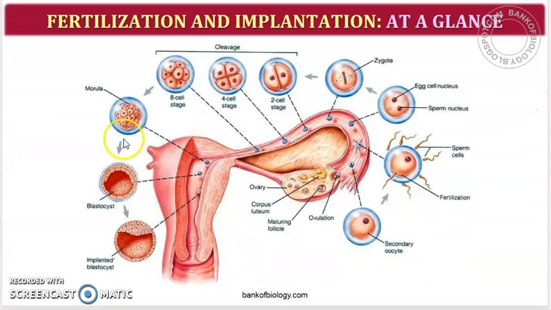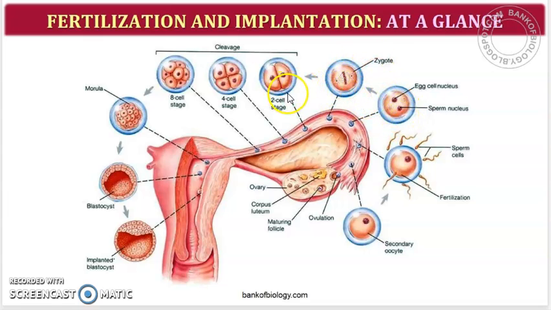Before we move on to that, let us just go through the picture which they have given. You can see the ovulation process has happened, the secondary oocyte is released, and it will carry out meiosis 2, and form the haploid oocyte, and this fuses with the sperm, and the sperm and the egg nucleus will fuse, and it forms the zygote.